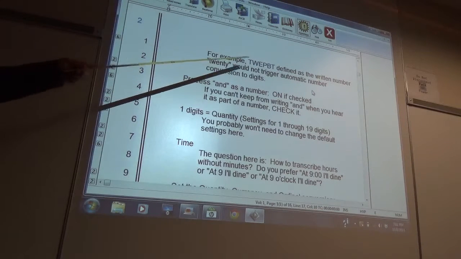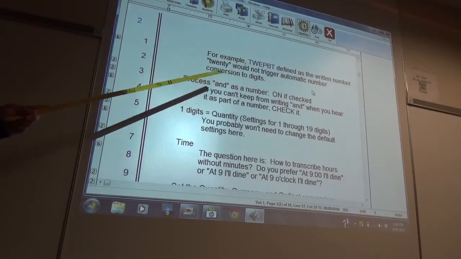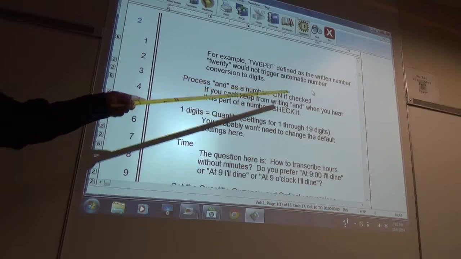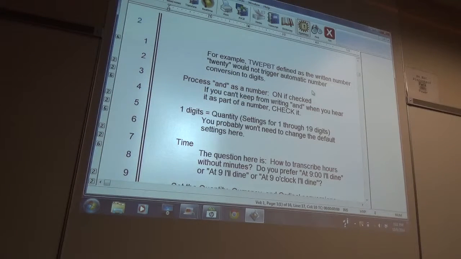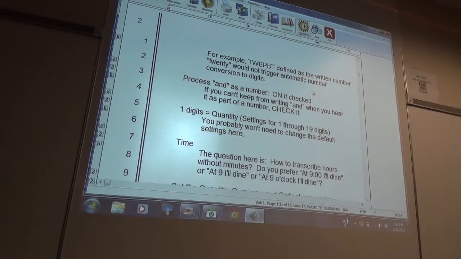It's just giving you an example: twenty, if that's the way you stroke it out, would not trigger automatic number conversions to digits, because you stroked it out.